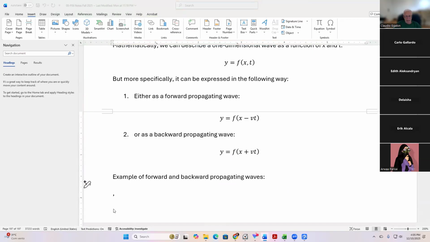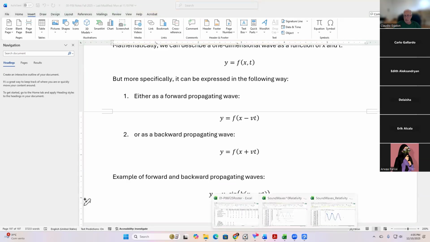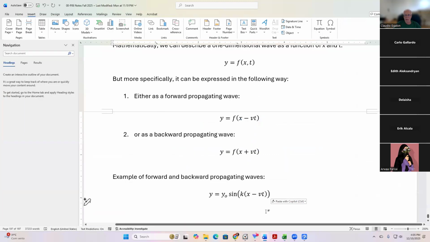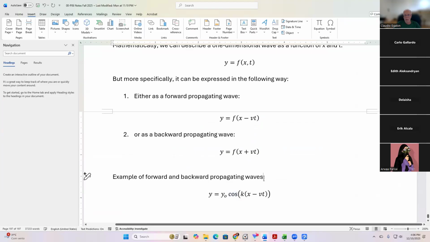Okay, so here you go. That wave that I simulated for you in Excel, this wave that you see right in here, is a cosine wave. Let's put the cosine wave, the one we simulated in class.